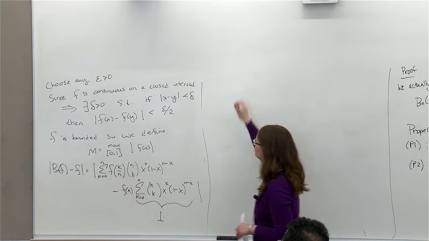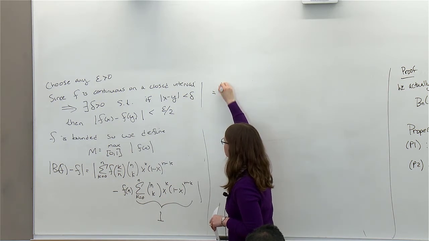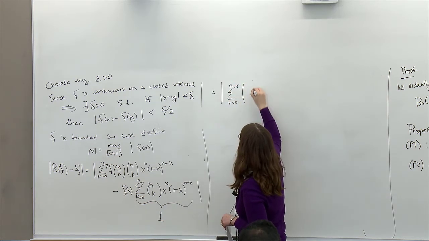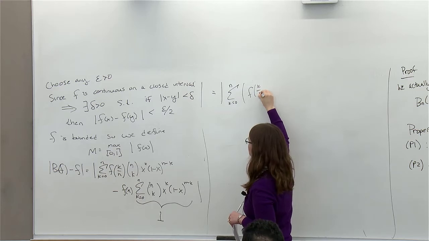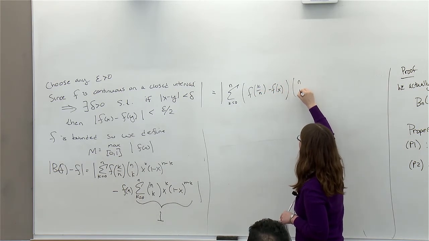So all of this was equal to the sum of the difference between f times all this other stuff.